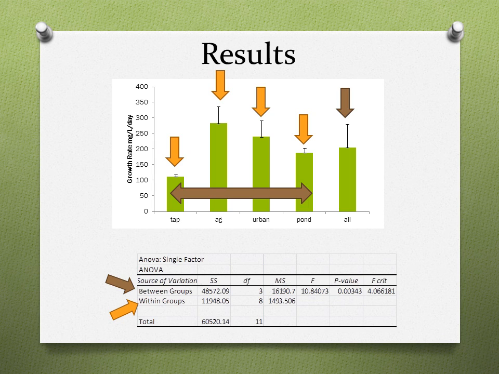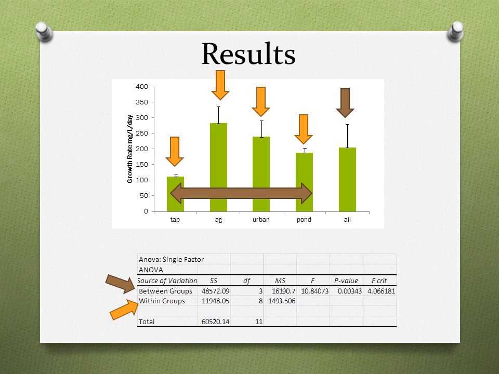In that next column, you'll see a 3, an 8, and an 11. Between the groups, there are 4 different groups, so the degrees of freedom is 4 minus 1, or 3. The total at the bottom, there are a total of 12 data points, so the total degrees of freedom is 12 minus 1. The easiest thing to do is just put that number in the middle so that it all adds up. So 3 plus 8 is 11, and those are your degrees of freedom.